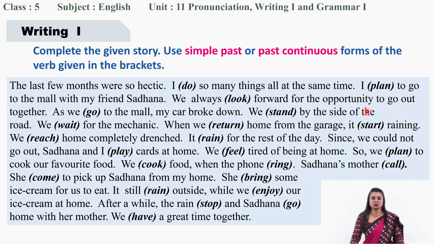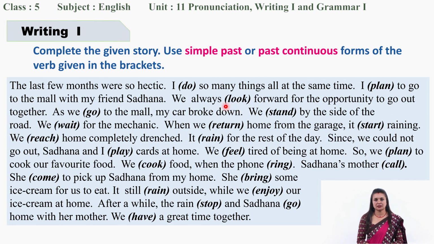I plan to go to the mall with my friend Sadhana. So what do you write here? Plan. How do you change it? Either I planned or I was planning. Yes, good. That is I was planning. Okay, then let's look at the next sentence. We always look forward to the opportunity to go out together. So here, look.